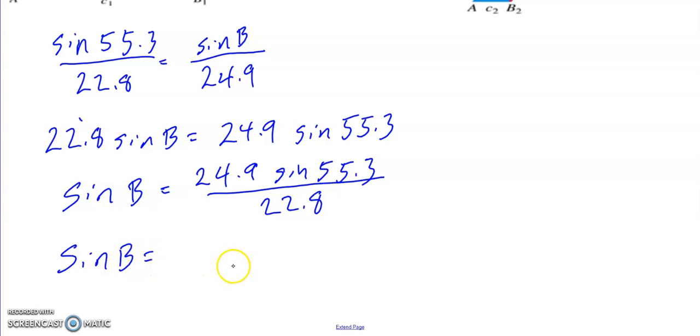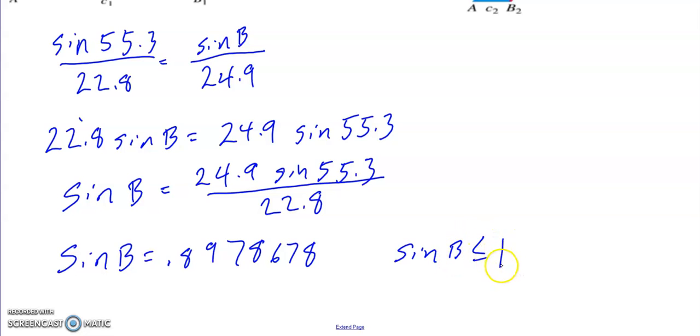So we know the sine of angle B is going to equal 0.8978678. And that works. That lets me know, hey, angle B exists in this triangle. Angle B can be an angle of the triangle because the sine of B is less than or equal to 1.